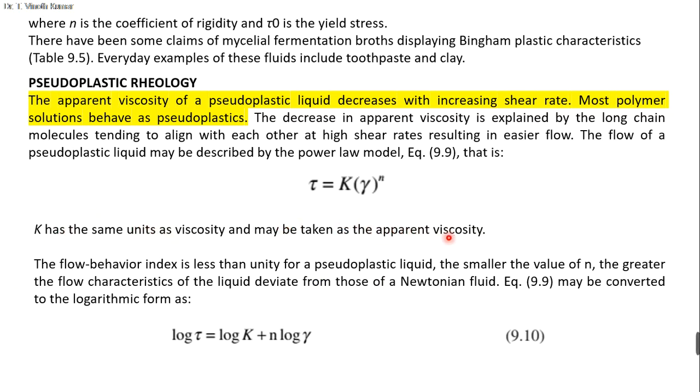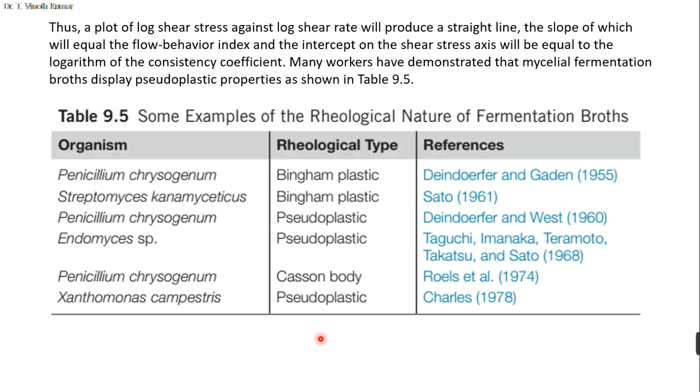It may be taken as the apparent viscosity, and the flow behavior index is less than unity for the pseudoplastic liquid. The smaller the value of n, the more the flow characteristics of the liquid deviate from those of a Newtonian fluid. This can be represented as logarithm of tau equals logarithm of k plus n into logarithm of gamma. This is the logarithmic form of expression of the pseudoplastic rheology.